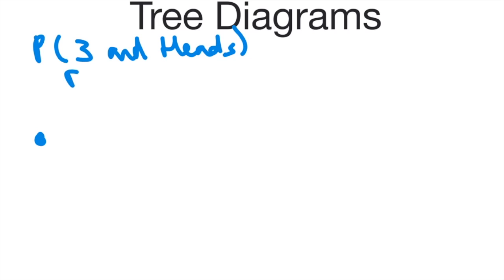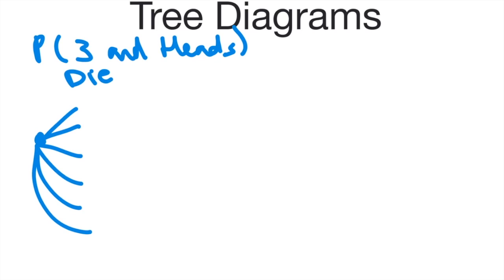I'm going to roll the die first. And the die has 6 outcomes, so I draw 6 branches. 1, 2, 3, 4, 5, 6. And I list all the outcomes. I can get a 1, a 2, a 3, a 4, a 5, or a 6.